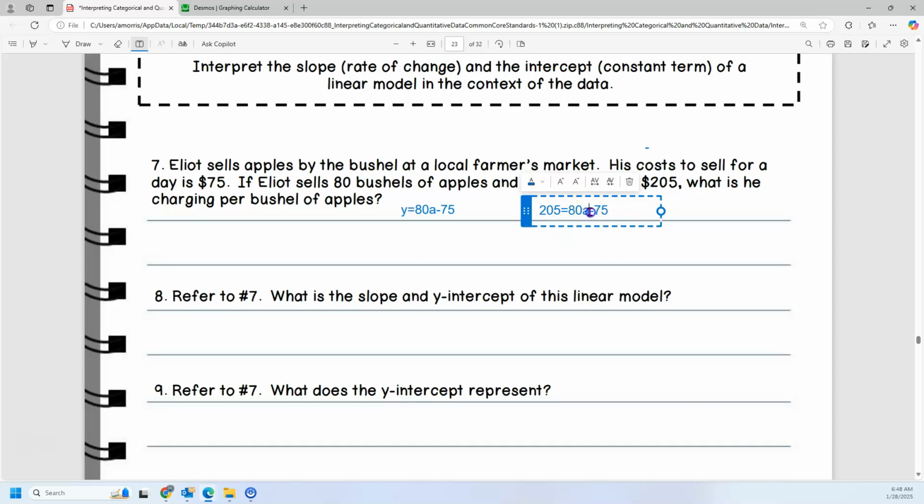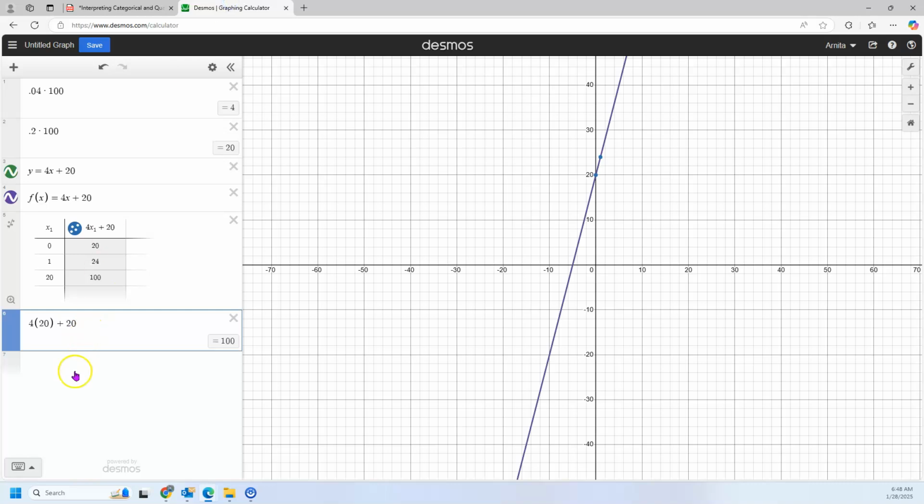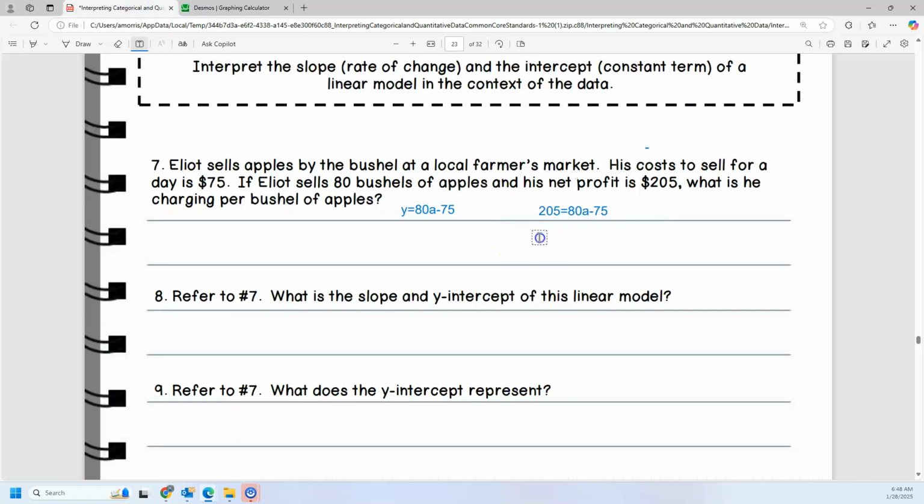So that I can isolate this 80A and move all the numbers on the same side. So 205 plus 75 is 280. So that means my new equation is 280 equals 80A. Okay? So now I need to get A by itself.